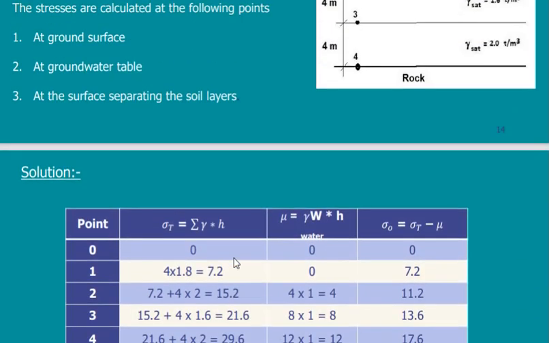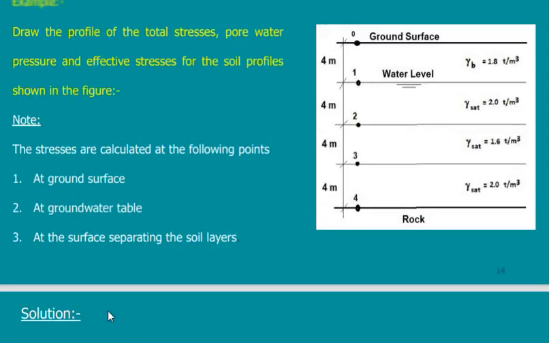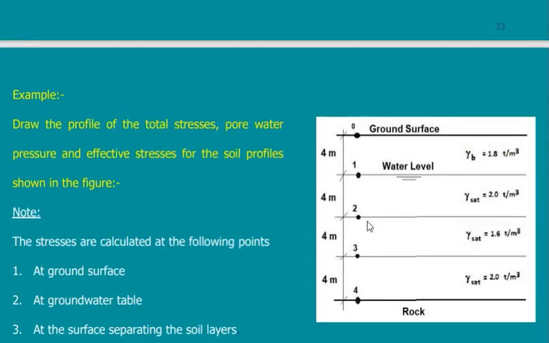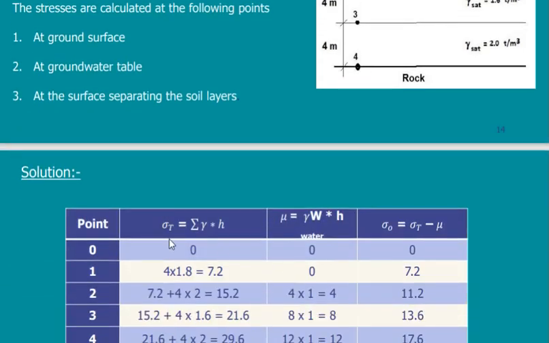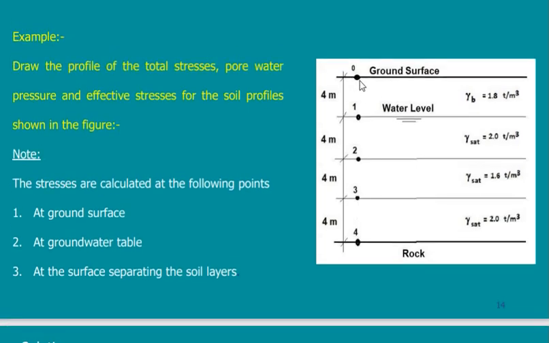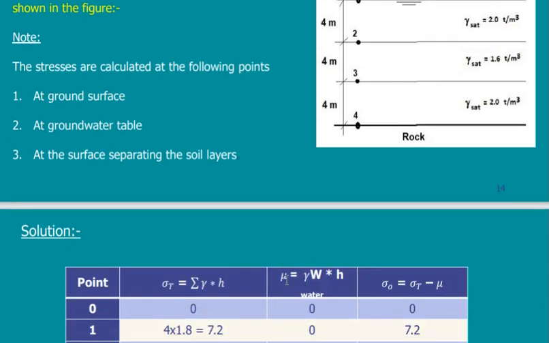This is our table. This is point 0, 1, 2, 3, 4. And this is the total stress. As a start, the total stress for all the cases is 0. For this point, the total stress and the water table and the effective stress is 0.